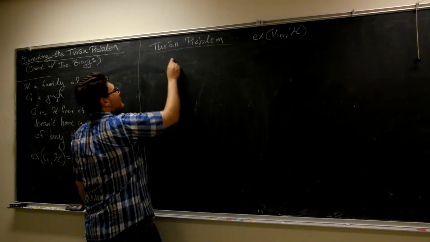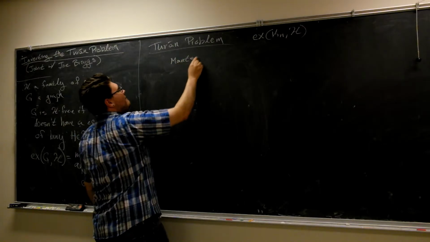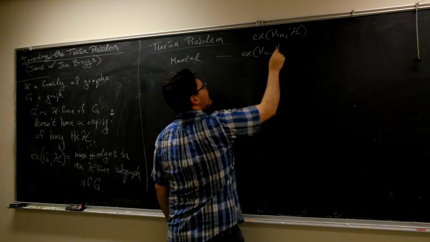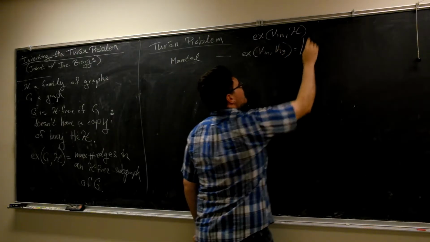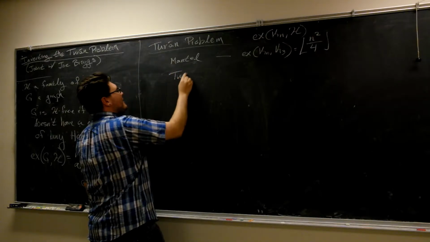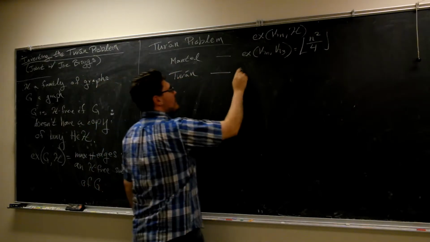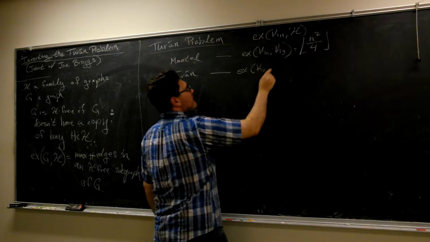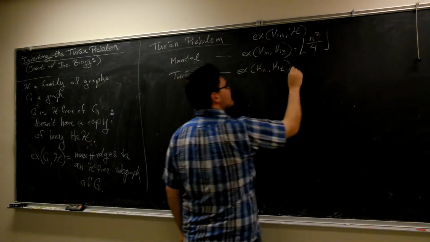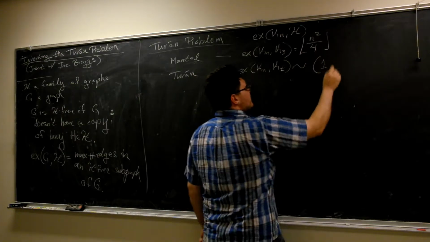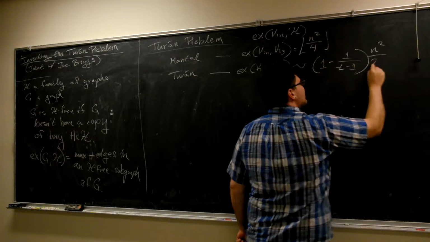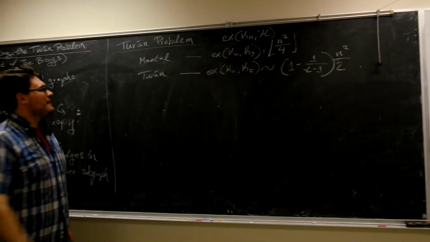And in this line, well, the first result was really due to Mantel, who was able to determine exactly how many edges you can have in a triangle-free graph, which turns out to be exactly n squared over 4. Turan later came along and determined it for any clique. And I'm not going to worry too much about exacts and lower order terms, so let's just say it's asymptotic to 1 minus 1 over t minus 1, n squared over 2, as n goes to infinity.